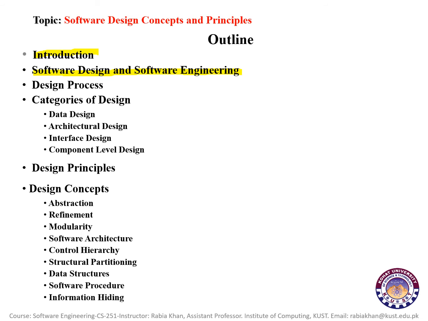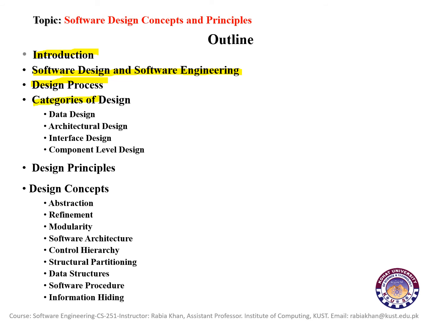Then we discussed what the design process is and how we can incorporate quality in software designs. So quality principles have been integrated into the design process, and we had studied those quality principles in detail.